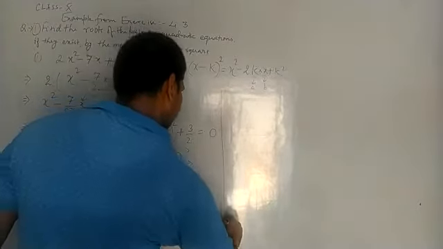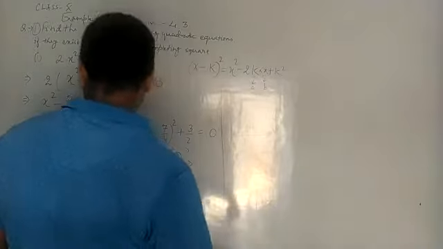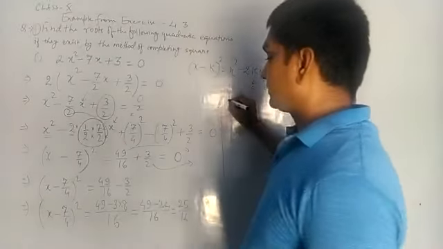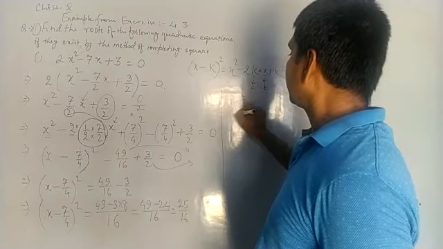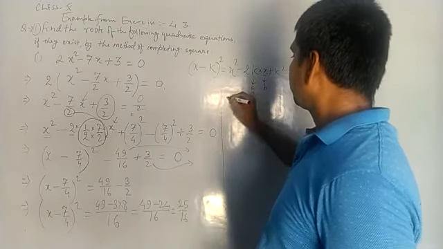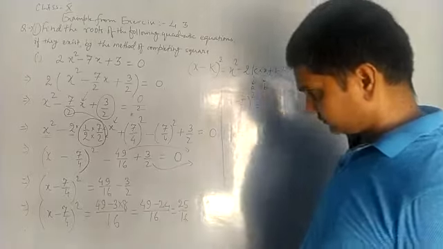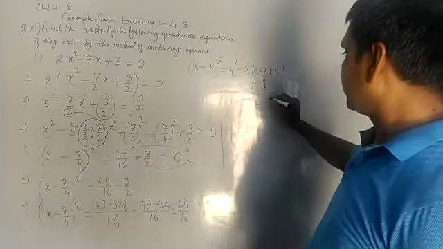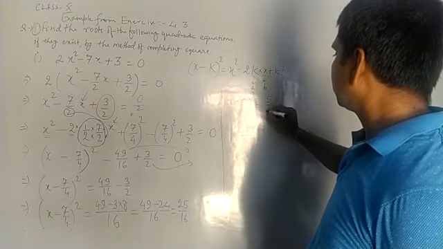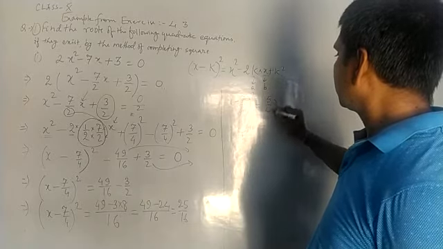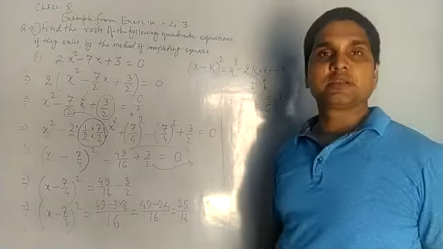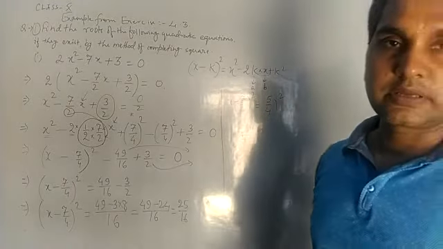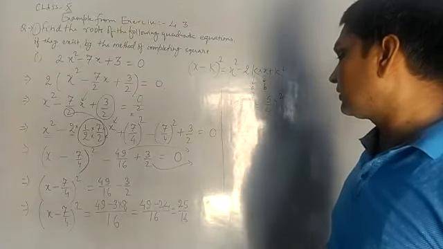Now look, it is coming in the perfect square number form. So now x minus 7 by 4 whole square is equal to 5 by 4 whole square.